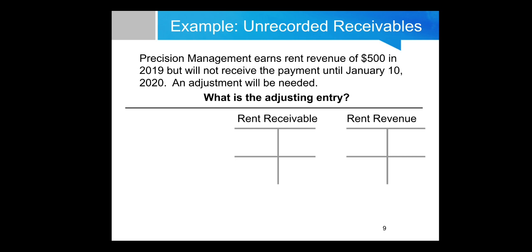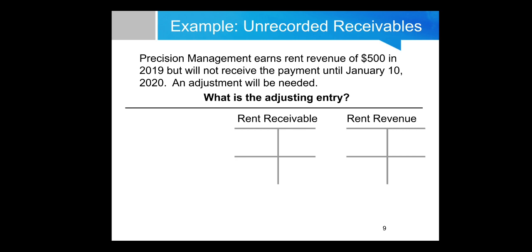The business wants to close its account. Let's say you have to assume that today is 31st of December 2019. So when the business closes its account, the business has to decide whether this 500 has to be recorded in year 2019 or 2020.